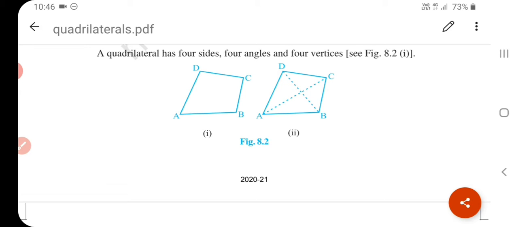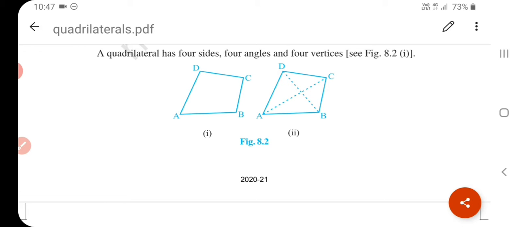And we get opposite sides. AB की अपोजिट साइड होगी DC, DC की अपोजिट साइड होगी AD. And we get opposite angles also. The opposite angle of A is angle C and the opposite angle of B is D.